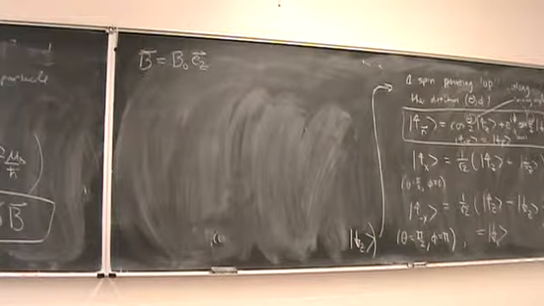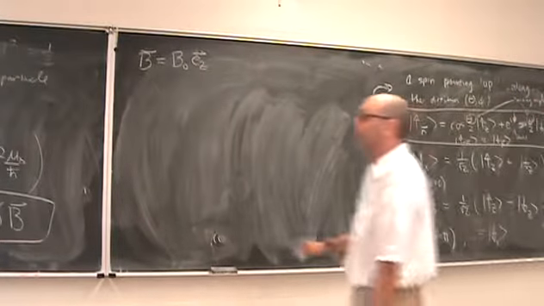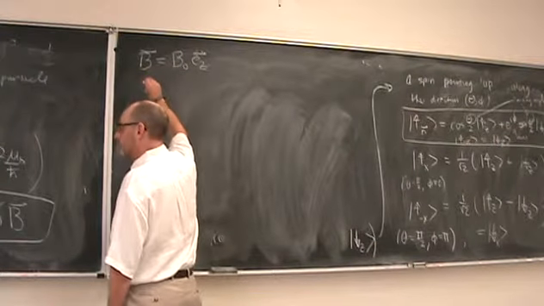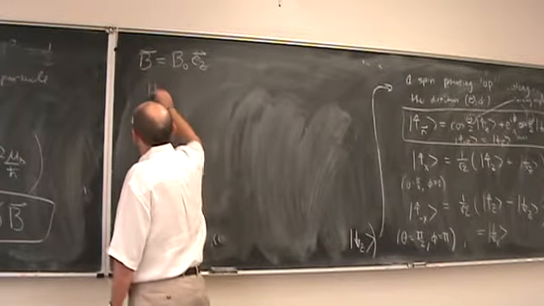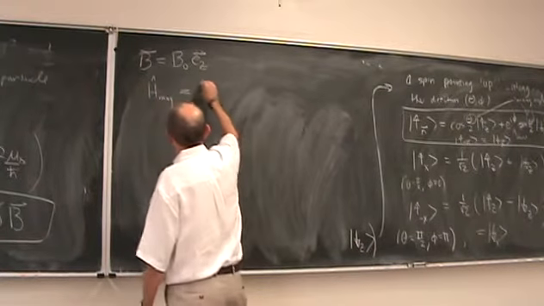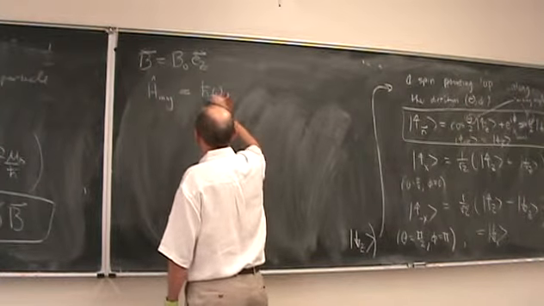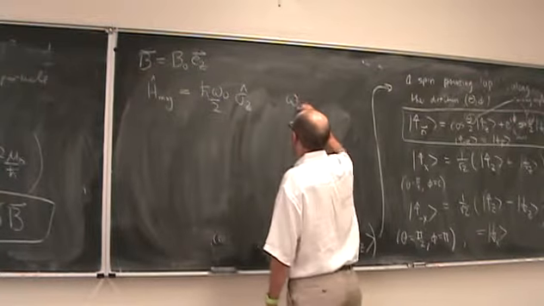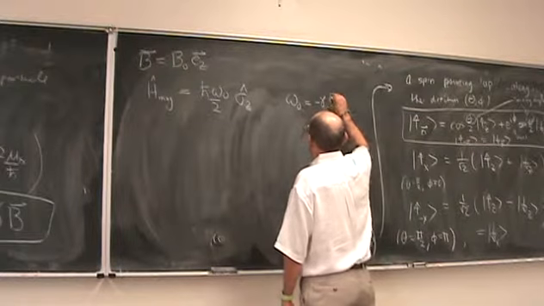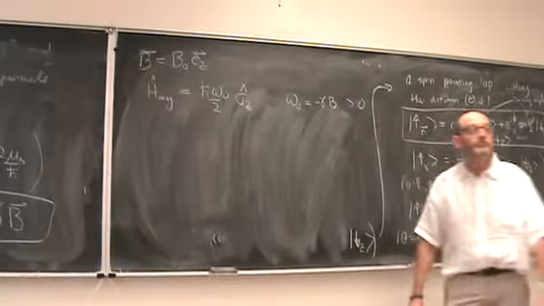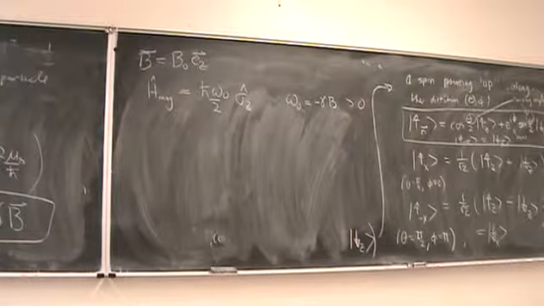So in that case, the magnetic Hamiltonian is equal to h bar omega naught over 2 sigma Z. Well, omega naught is minus gamma B, positive naught. So I'm taking gamma negative. All right? So what are the eigenstates of this Hamiltonian?